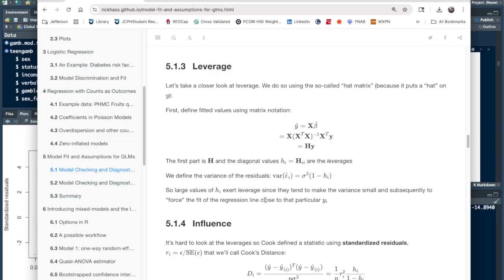So this involves a little bit of matrix algebra. It's not super important that you understand, but essentially the equation for fitting a linear regression model has a closed form.